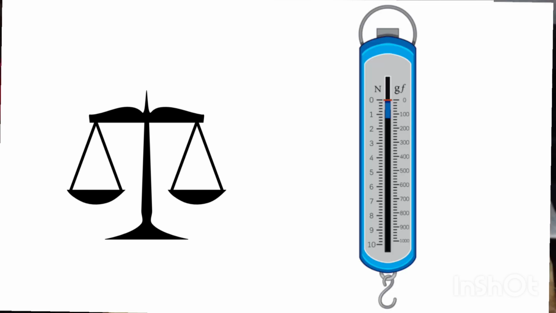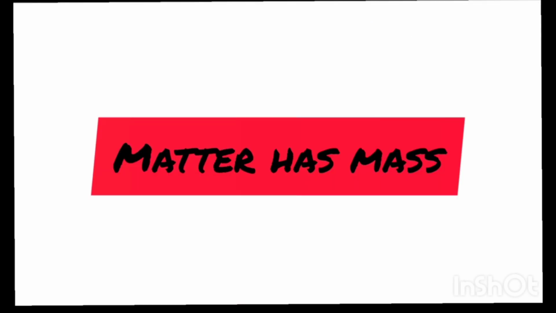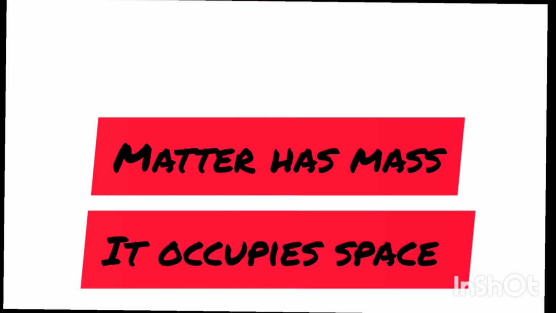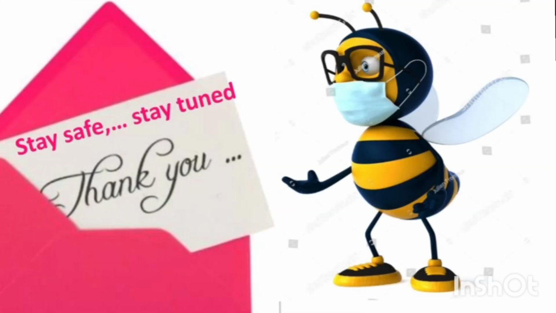We can do this experiment by using a beam balance, spring balance, etc. Thus, the two experiments that we performed show that matter has mass and it occupies space. You can also try these experiments at home. That's all for today. Thank you.